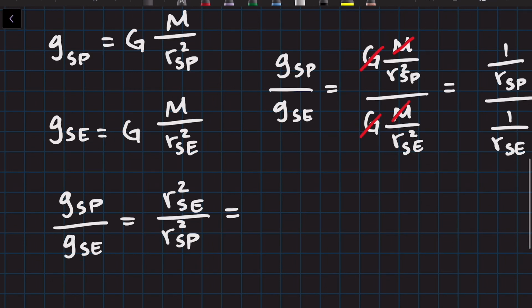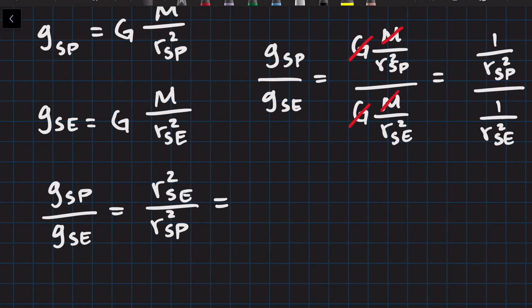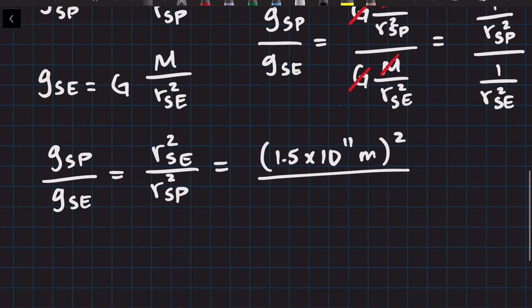Don't forget to square. So then we'll have 1.5 times 10 to the 11th meters, the square goes outside, divided by 5.9 times 10 to the 12 meters. Don't forget to square.